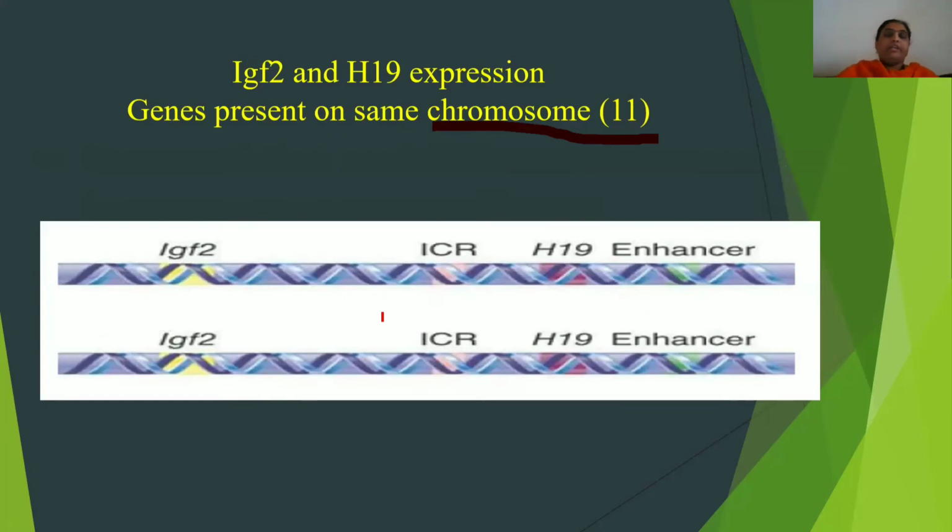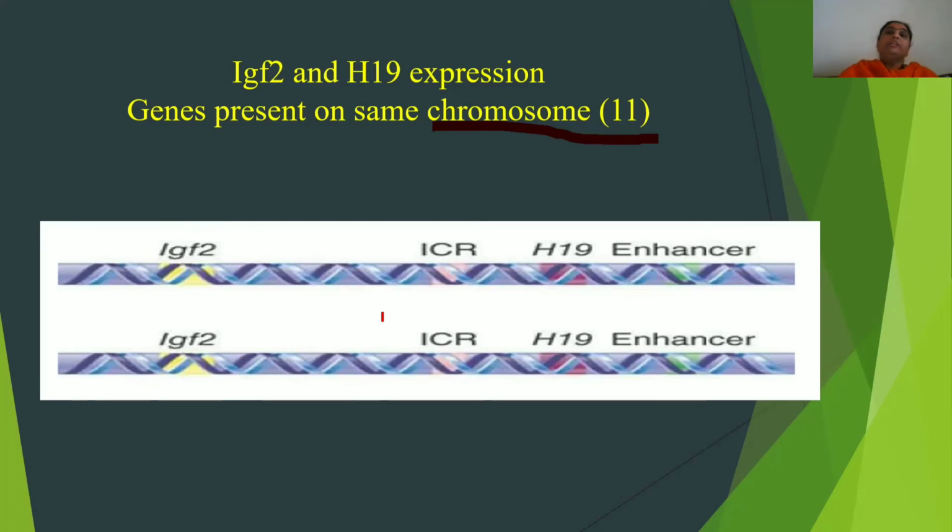When you look at the parental chromosomes, you observe that in the parents there is a paternal side of the chromosome and a maternal side of the chromosome, and those chromosomes are differentially methylated.